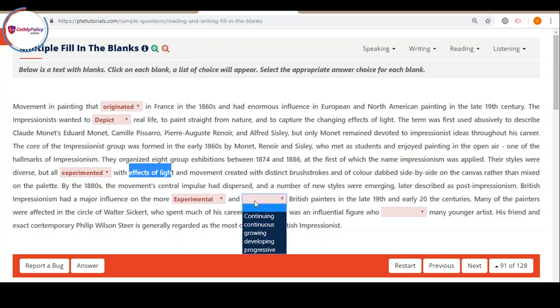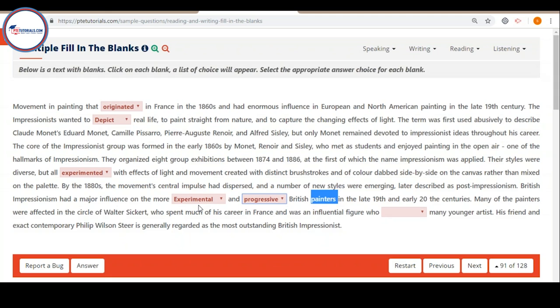You have to choose one good word. When we say figure, it doesn't mean a number; figure means a role model. Walter Sickert, who spent much of his career in France, was an influential figure who inspired many younger artists.